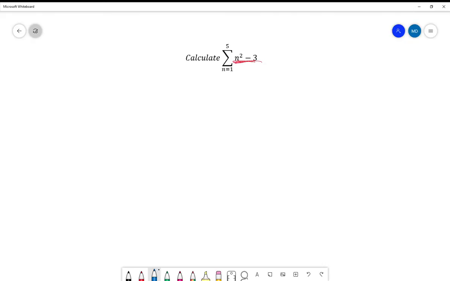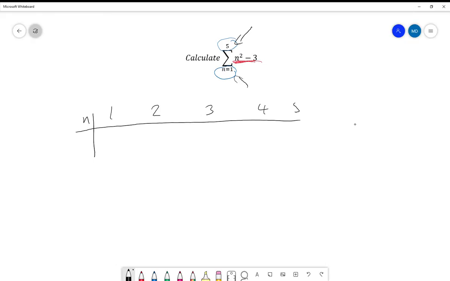And this bit here says n equals 1, and this says 5. These two numbers are where we want to go between. So what this is saying is draw out a table, and you want your n to go from 1 up to 5. So we get 1, 2, 3, 4, 5.